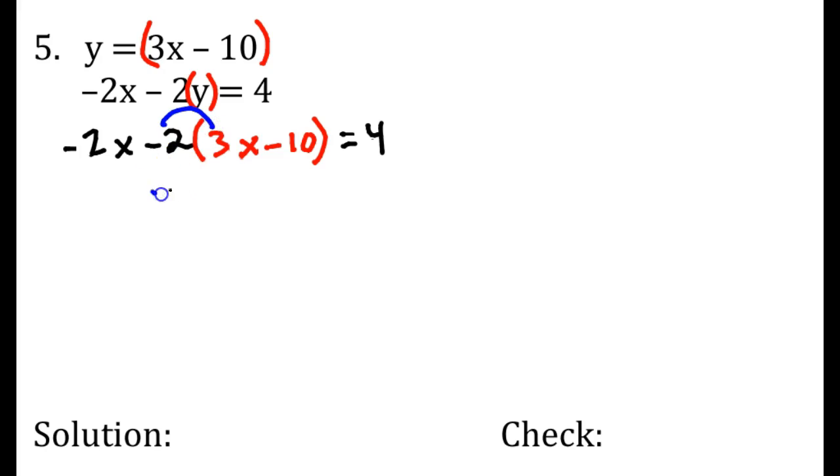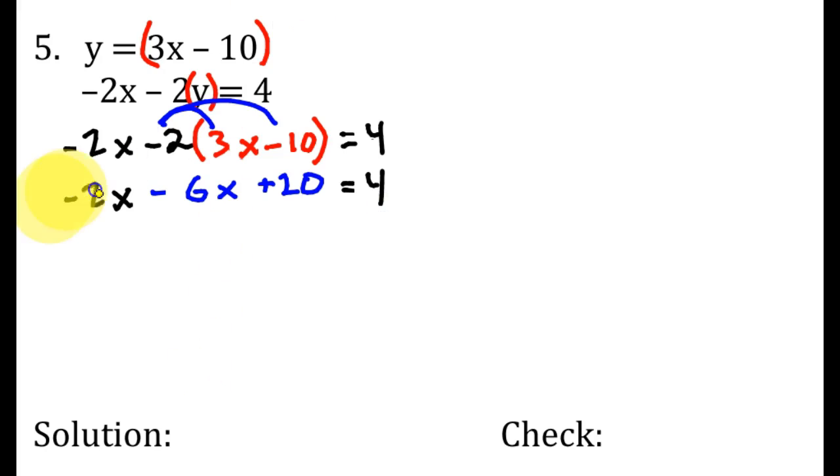-2 times 3 and get -6x. And -2 times -10 and get +20. Right? See, without the parentheses, you wouldn't be getting +20. It would be like -10 or -20 or something. You've got to watch those signs because it's all basic equation solving, but one mistake will throw everything off. Okay, and then we can start solving.